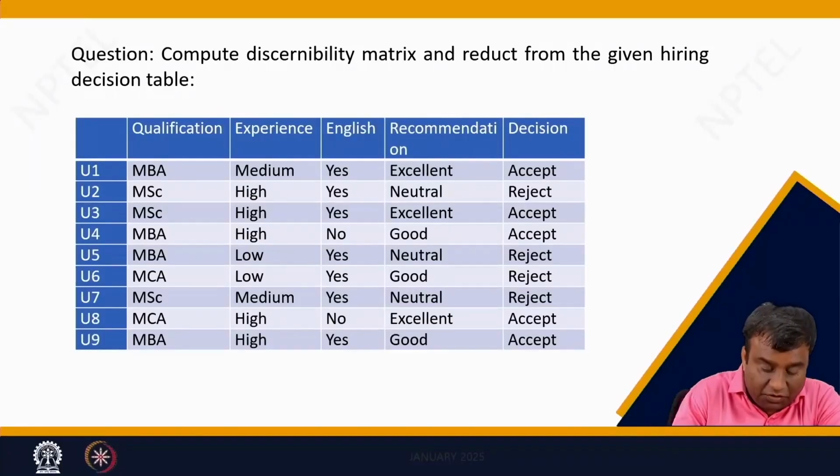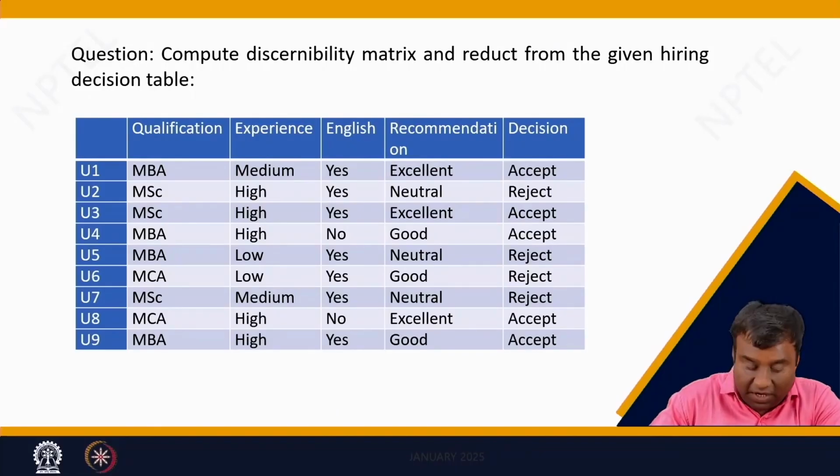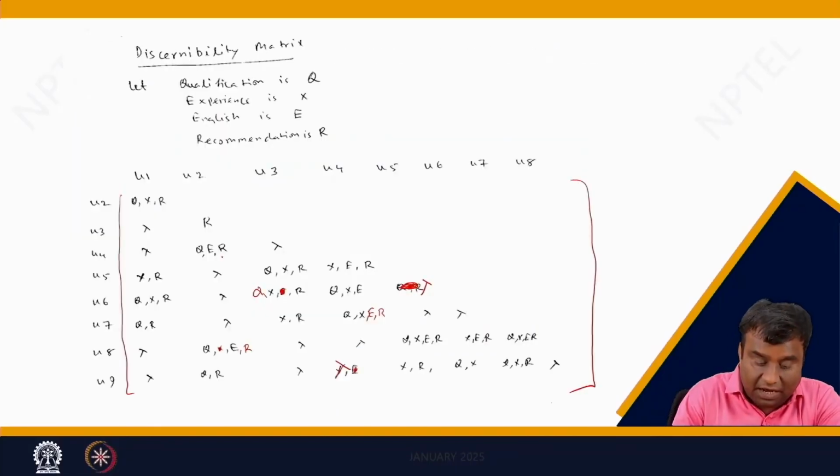So lambda. Now U4 with U2: qualification is not same, experience is same, English is not same, recommendation is not same. So here we need to write QER. Experience is same, so X is not there.